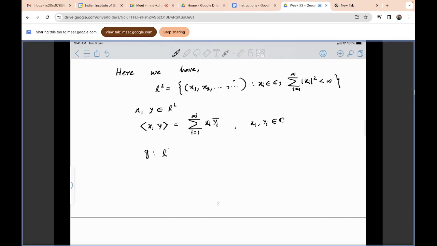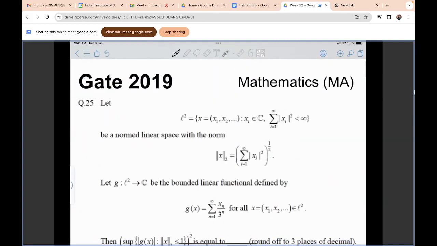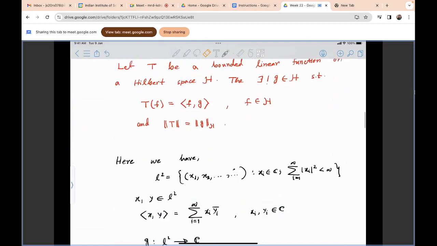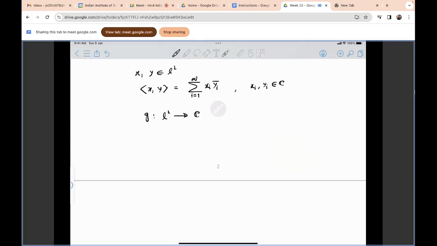And G is a bounded linear functional from L2 to C given by G of x equals the sum of xn by 3 to the power n.